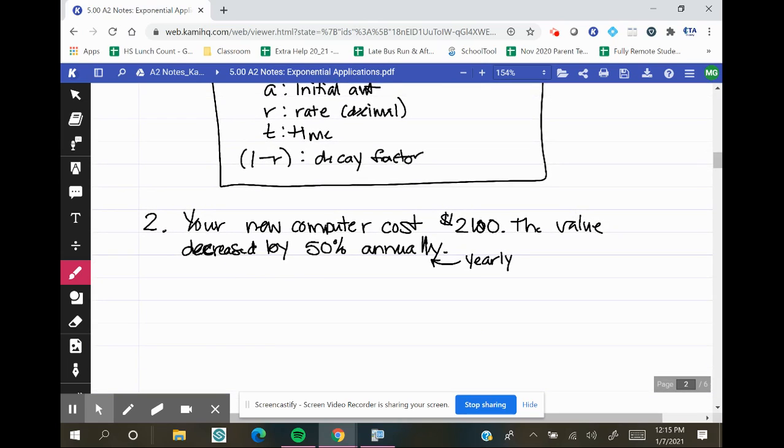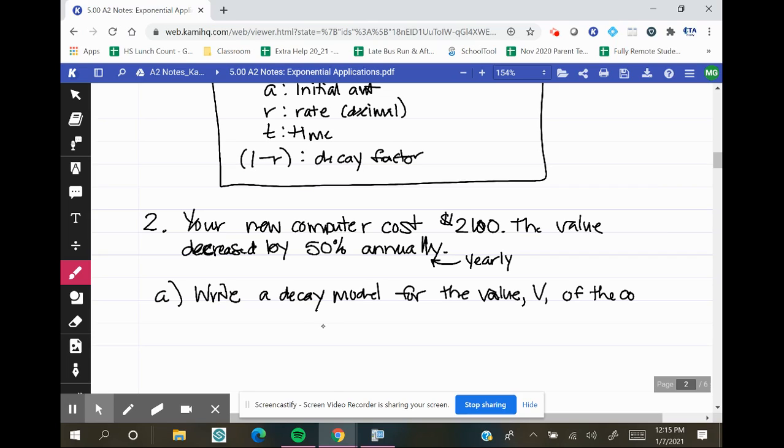Okay, so 2 parts again. Part A, write a decay model. So we're losing money here for the value v, we're going to call it again instead of y, of the computer.